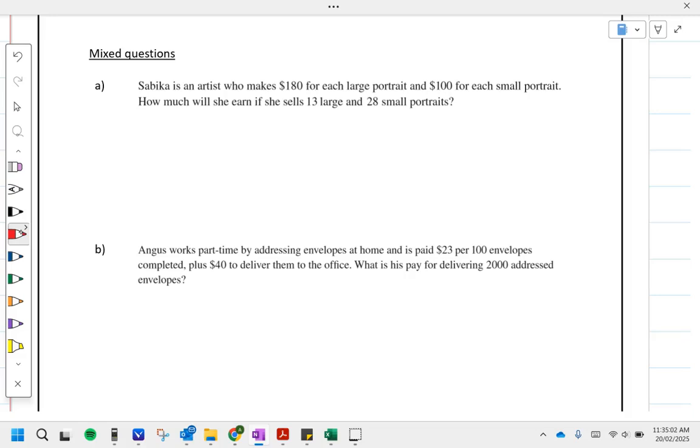So this is just piecework, right? How much she earns depends on how much she sells. So 13 large is 13 times 180. 28 small, 28 times 100. Put that in the calculator, $5,140.